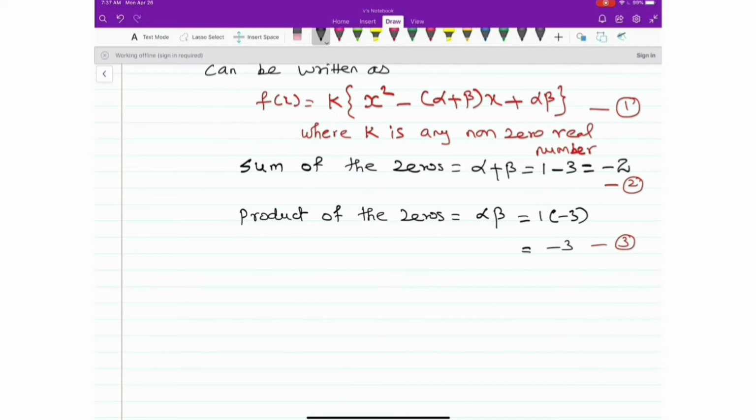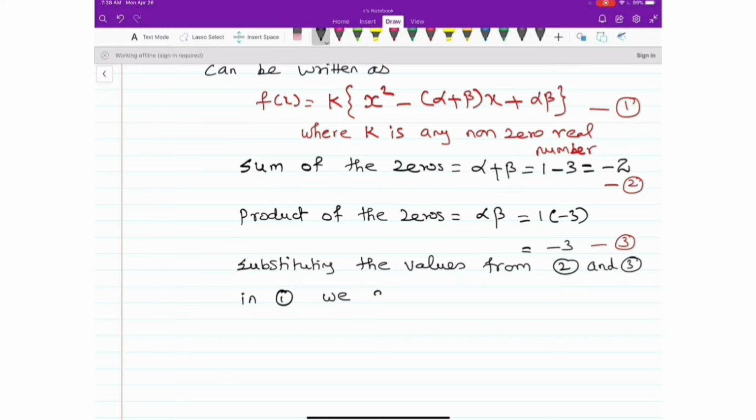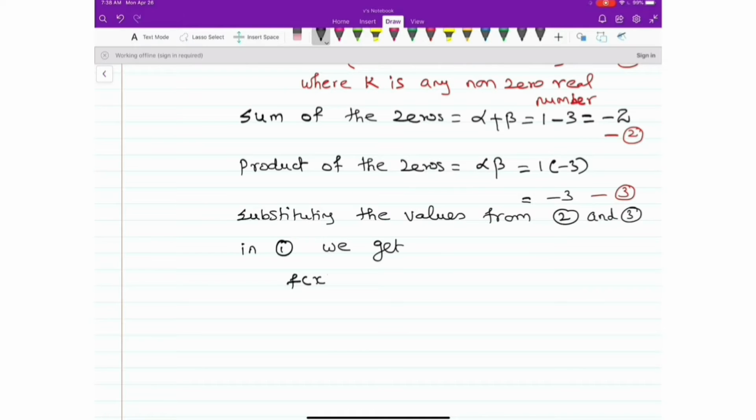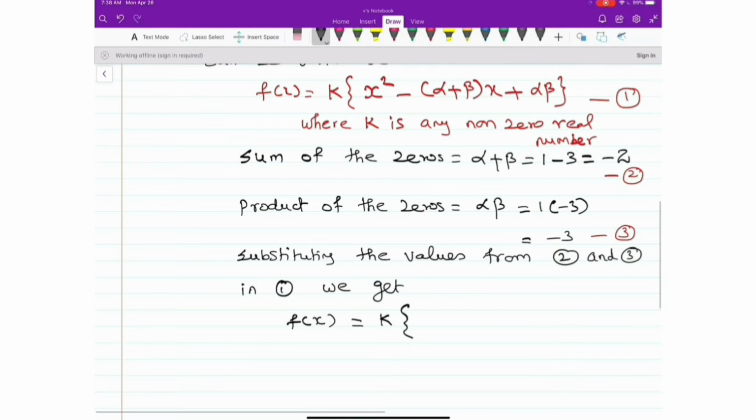Now, substituting the values from 2 and 3 in 1, we get f of x is equal to k into x square minus alpha plus beta.